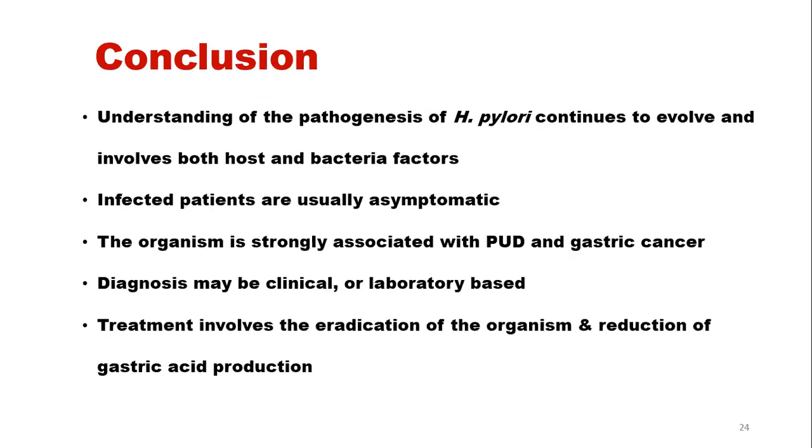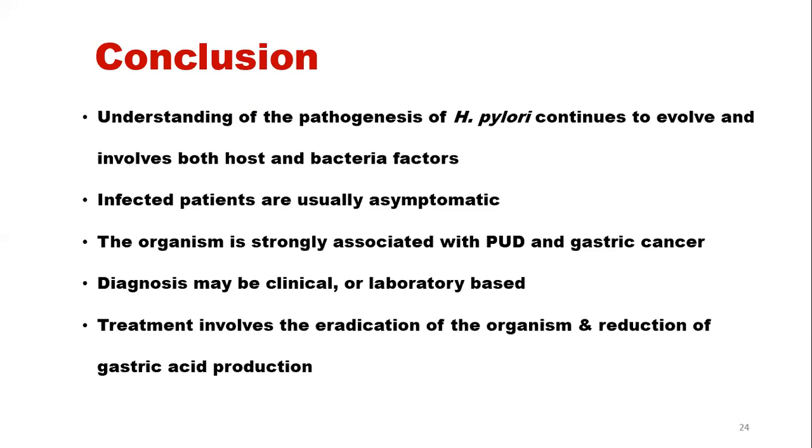So in conclusion, understanding of the pathogenesis of H. pylori continues to evolve, and you should note that the factors involved include both host and bacterial factors. Infected patients are usually asymptomatic, so you can have variable presentation, and the organism is strongly associated with peptic ulcer disease and gastric cancer.